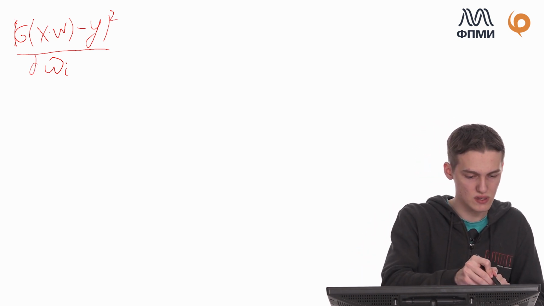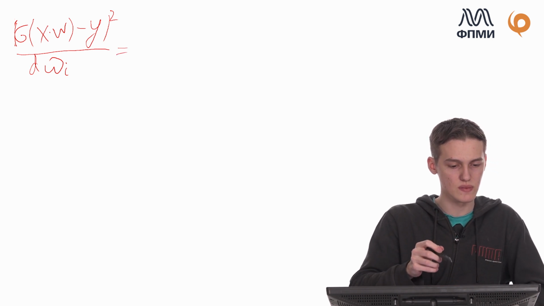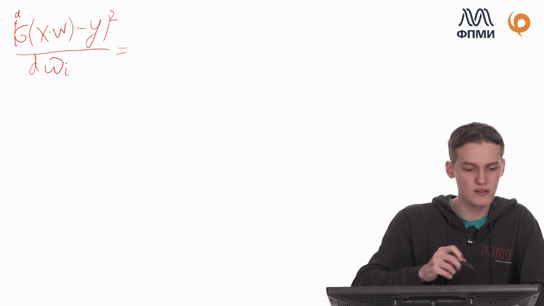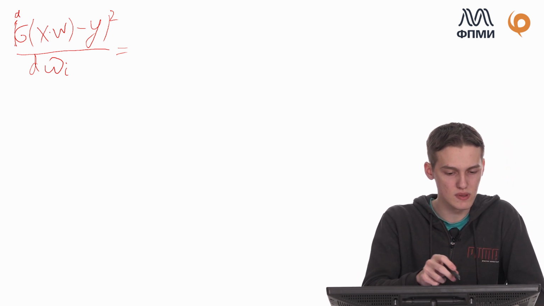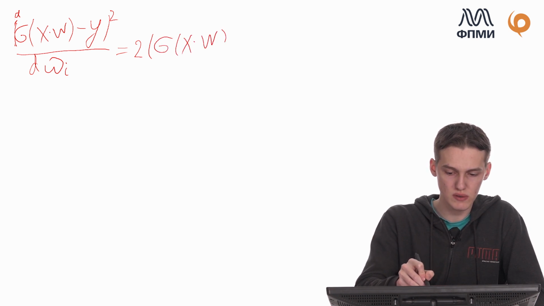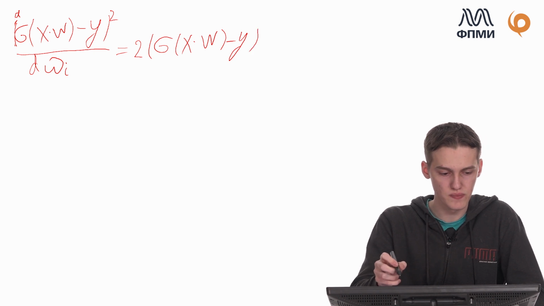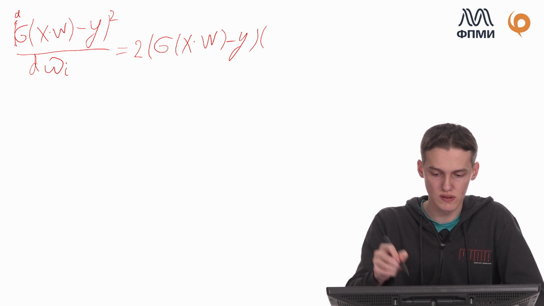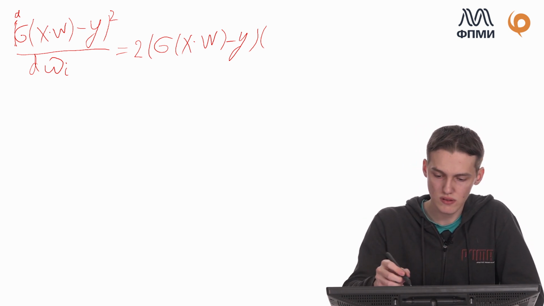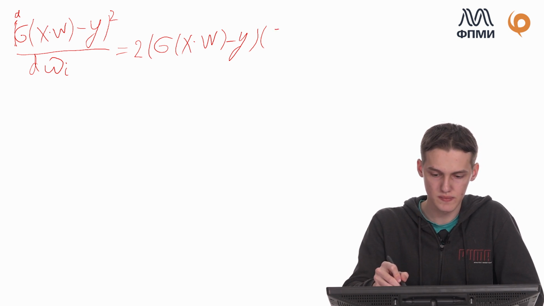So let's take it. I need a delta sign here, and it will go like that. Sigma of x times omega minus y, and derivative of the inner function. Y is constant, and derivative of sigma.